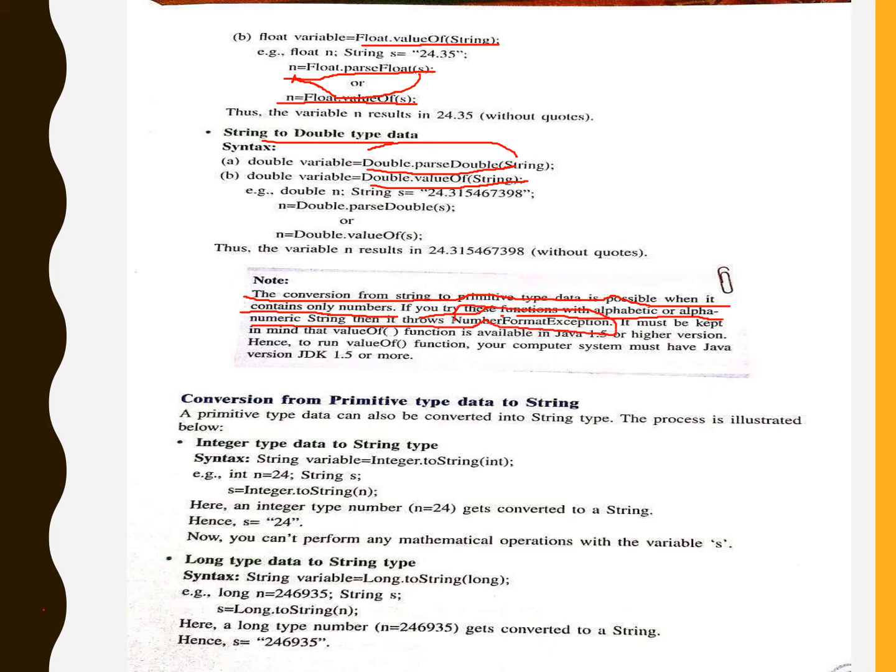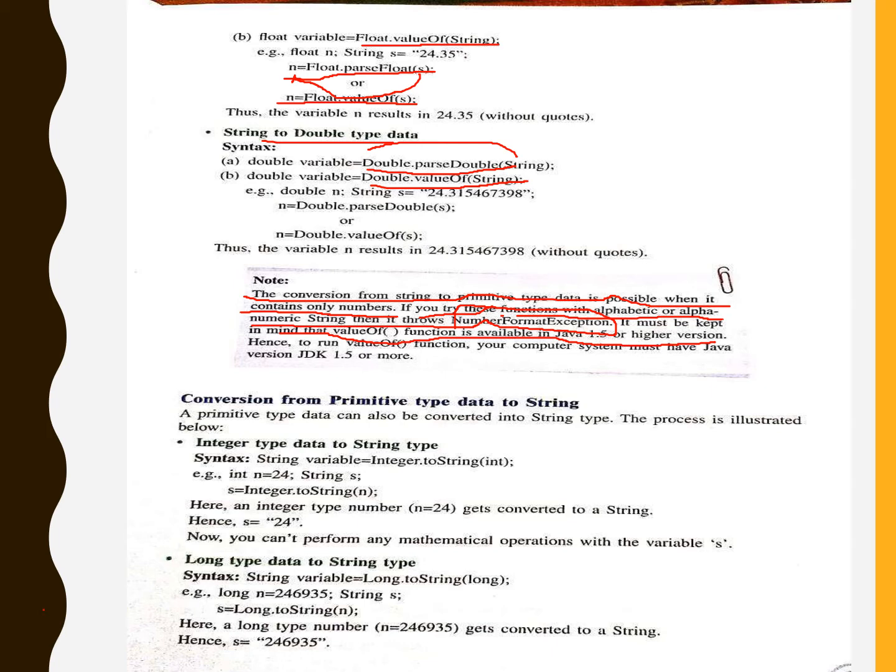Always remember, an unexpected error is known as an exception. So, number format error. It must be kept in mind that the valueOf function is available in Java 5 or higher versions only. In lower versions it is not present.